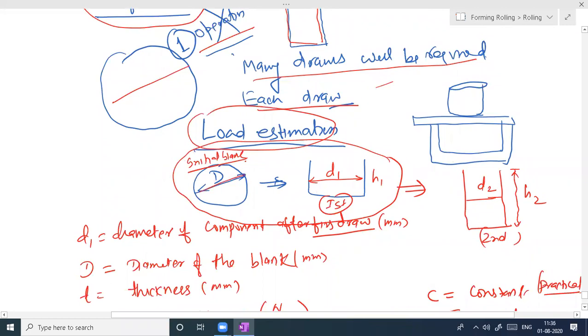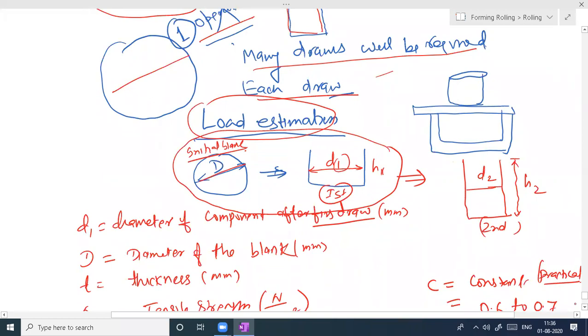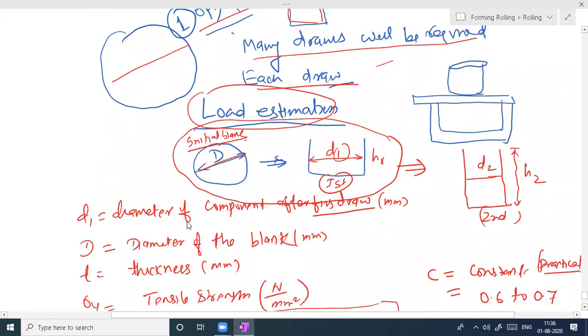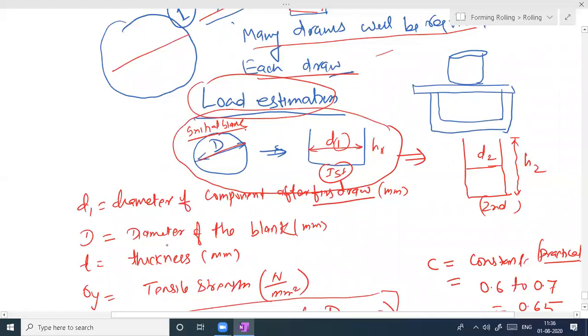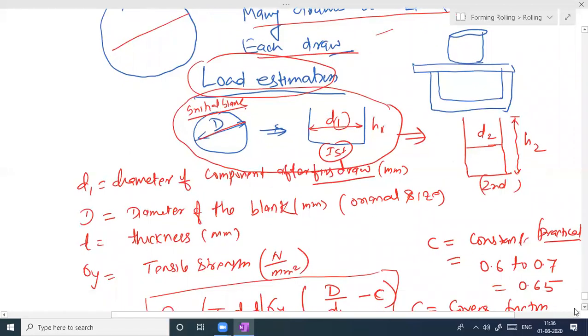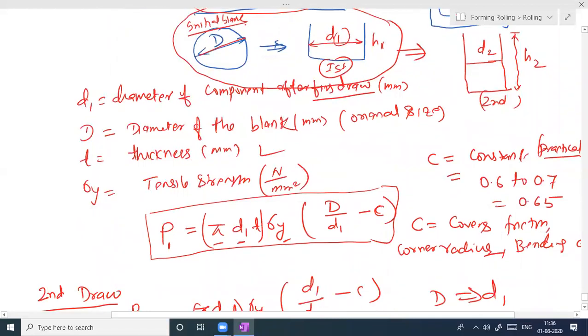So this is your D, the blank diameter, and D1 is the diameter of the cup after the first draw, H1 is the height after the first draw. D is the original diameter of the blank, what we estimated from the three formulas above, T is the thickness and sigma y is your tensile strength.